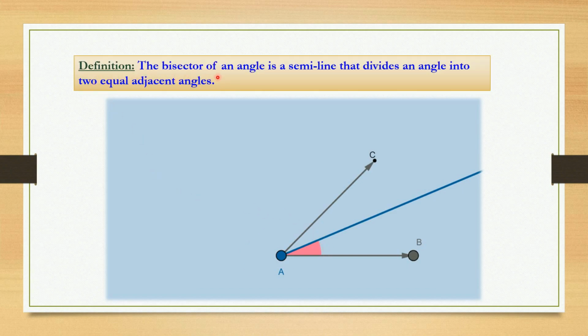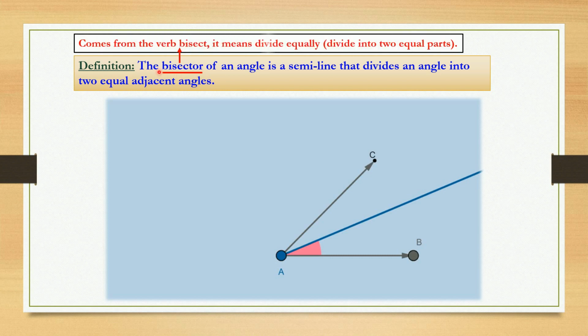Definition: the bisector of an angle is a semi-line that divides an angle into two equal adjacent angles. The word bisector comes from the verb bisect. It means divide equally, divide into two equal parts.